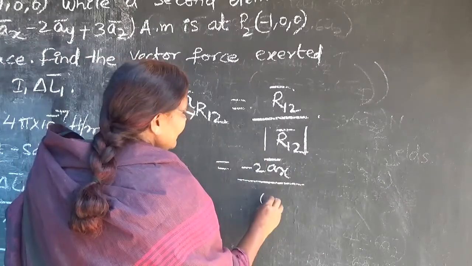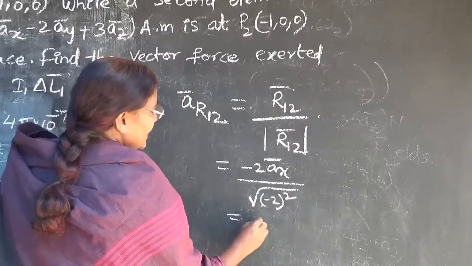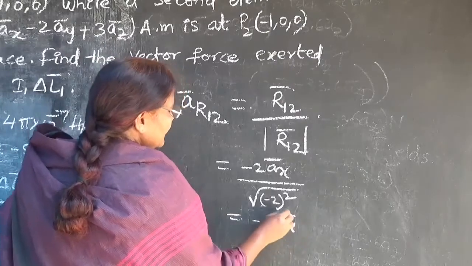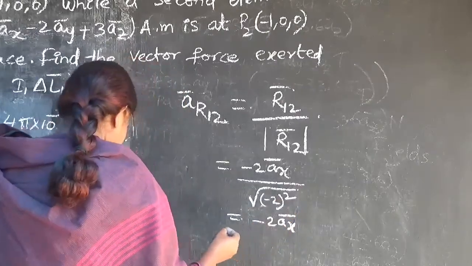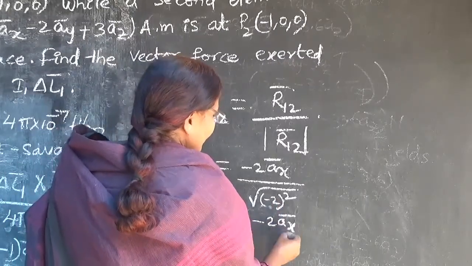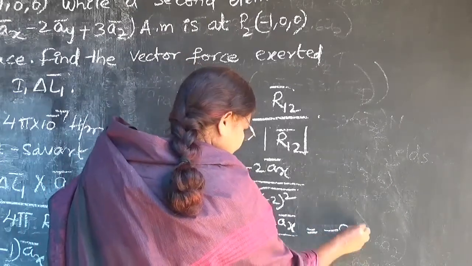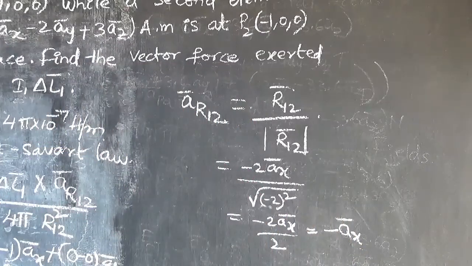Its magnitude will be minus 2 whole square under root, square and root will be cancelled out, and this will be root 4, that will be 2 itself. So my answer will be minus AX bar. So what is my unit vector? This vector is going to be minus AX bar.